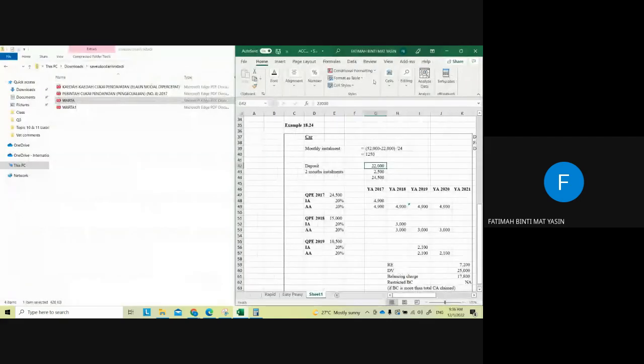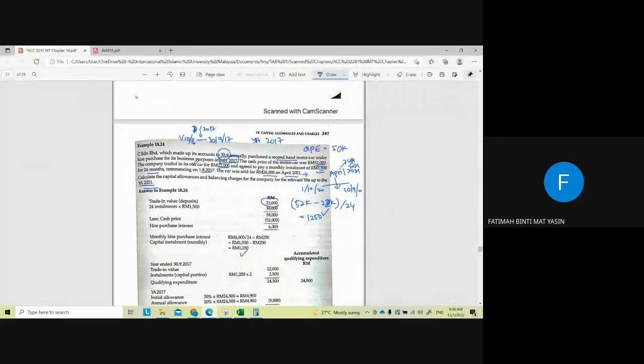If you look at the question, the company made installments starting from August 2017. So for YA 2017, how many installment payments did the company already make? How many months? Anyone? How many months did the company make installments for 2017?